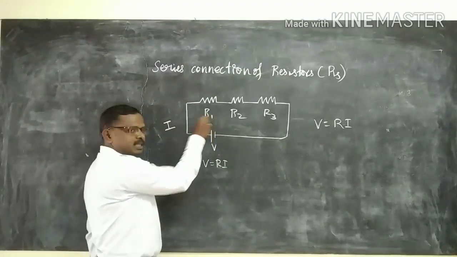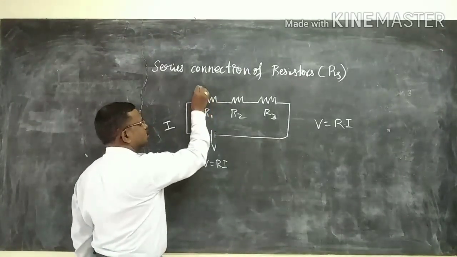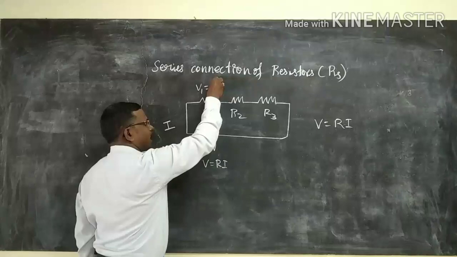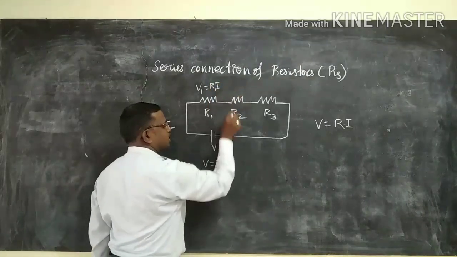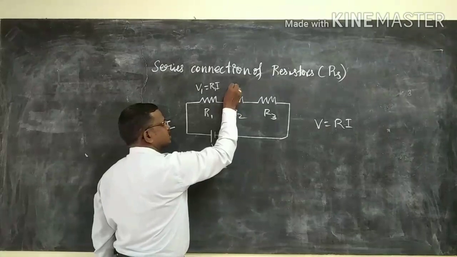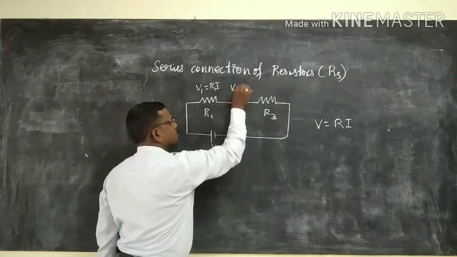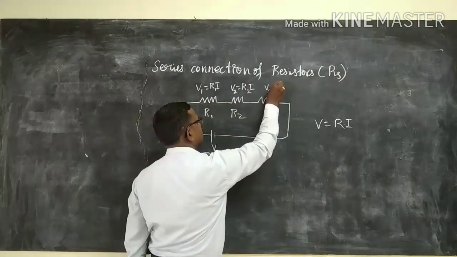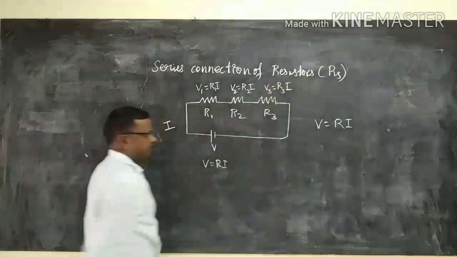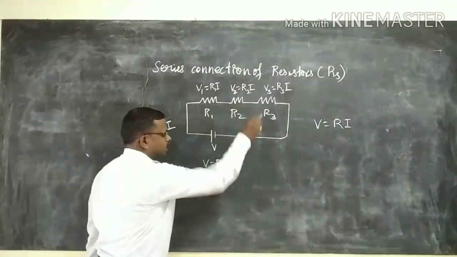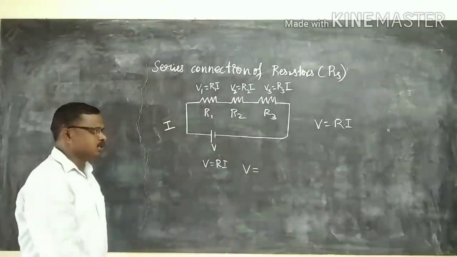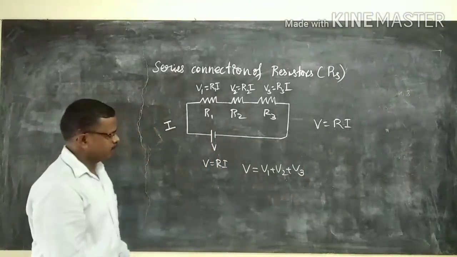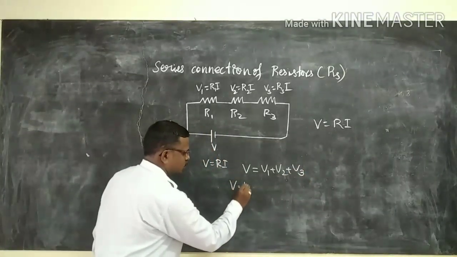The voltage across R1 is V1 is equal to R1 I. The voltage across the R2 resistor is V2 is equal to R2 I. Here V3 is equal to R3 I. That means the total voltage V is equal to V1 plus V2 plus V3. According to Ohm's law V is equal to RI.